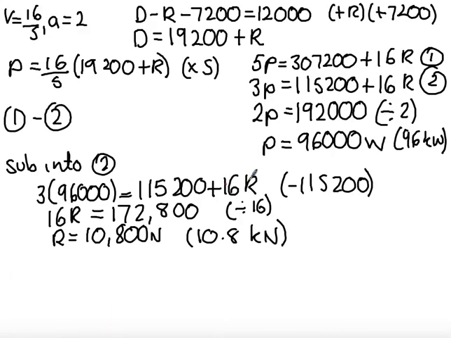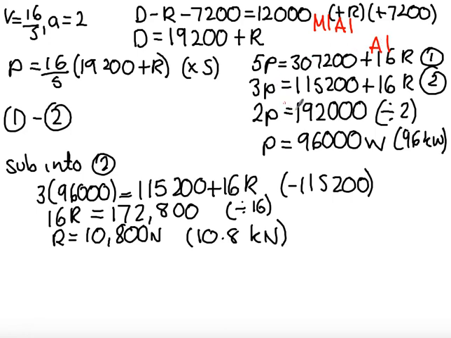Going on to the second slide, again what we're going to get here at the top is a method mark and an accuracy mark if we've in fact used the resolving correctly. And then finally, if I get to the correct equation in P and R, I get an accuracy mark.